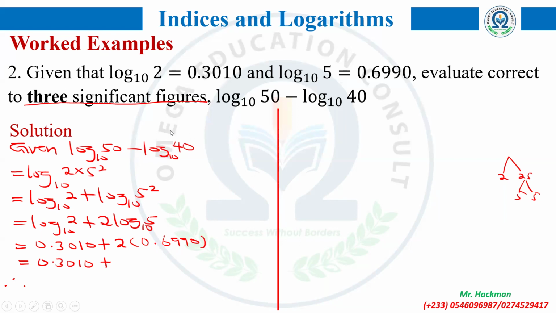Can you hear me? Yes. Okay, so I'm waiting for 1.398. Okay, so therefore, log base 10 of 50 minus log to the base 10 of 40 is equal to, so sum these two and give me the result.